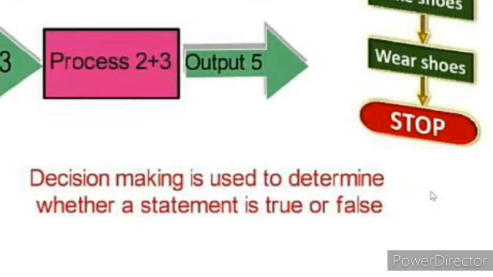And the fourth one is decision making. Decision making is used to determine whether a statement is true or false, and according to that, we have to take a decision. Now we are going to discuss the symbols of a flowchart.